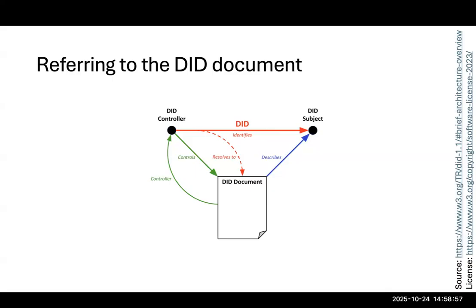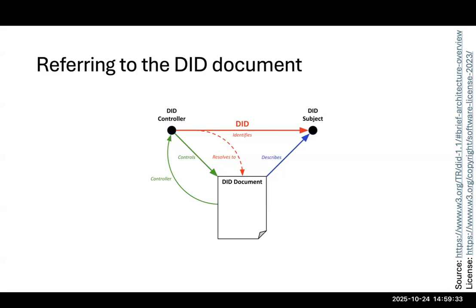A DID resolves to a DID document. The DID document describes with some properties, which are not really properties that give the whole and rich definition of your identity. It's just one component of what will be your real and final self-sovereign identity.